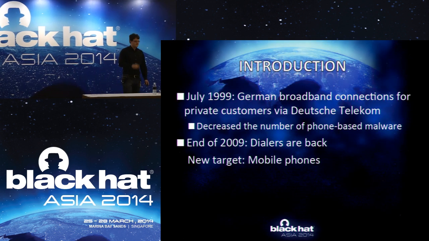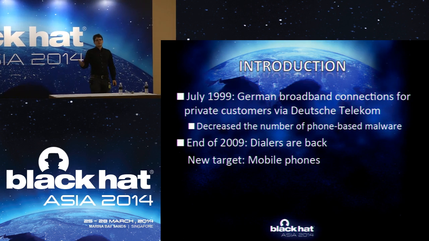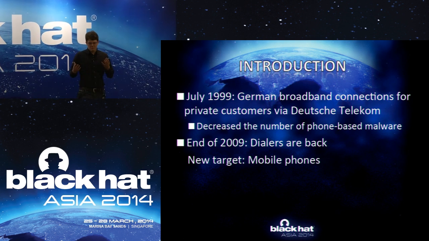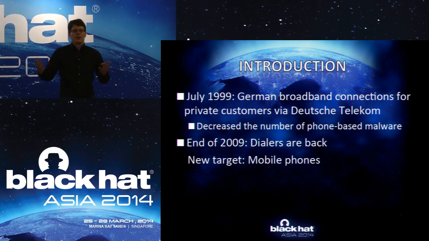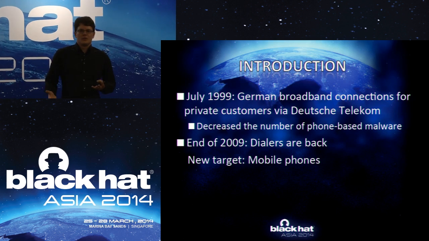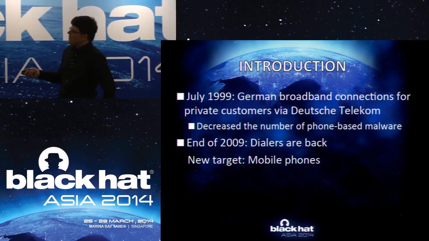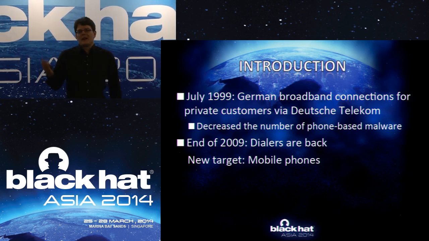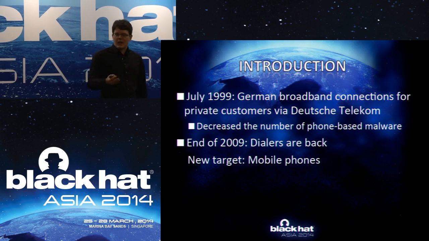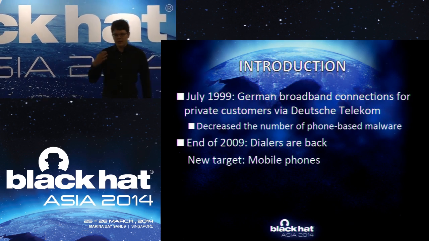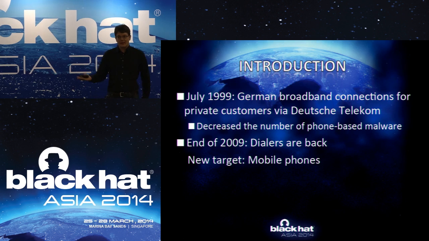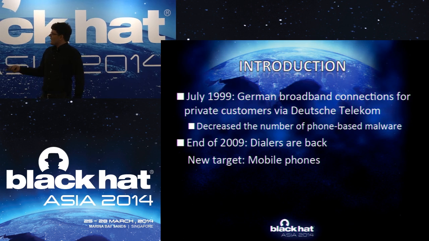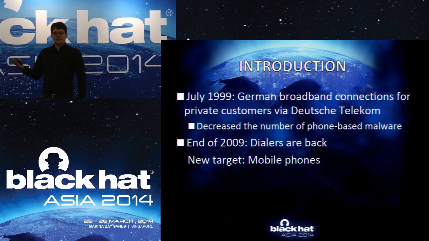So, introduction. I'm from Germany, as you can hear from my accent. For this reason, I have some historical knowledge about the German technology market. As we can see here, something happened in July 1999. Deutsche Telekom, I think the largest telecommunication company in Germany, which offers internet connections, mobile devices and telephone connections, offered broadband connections at this time.